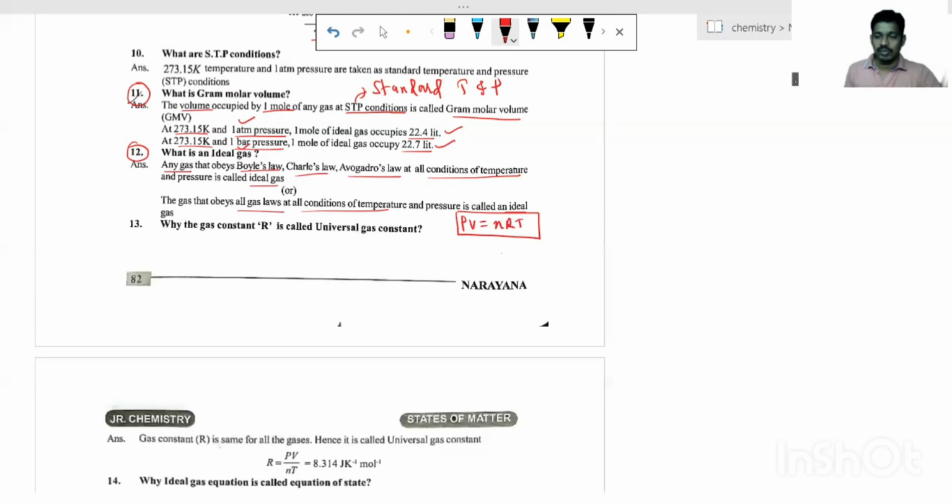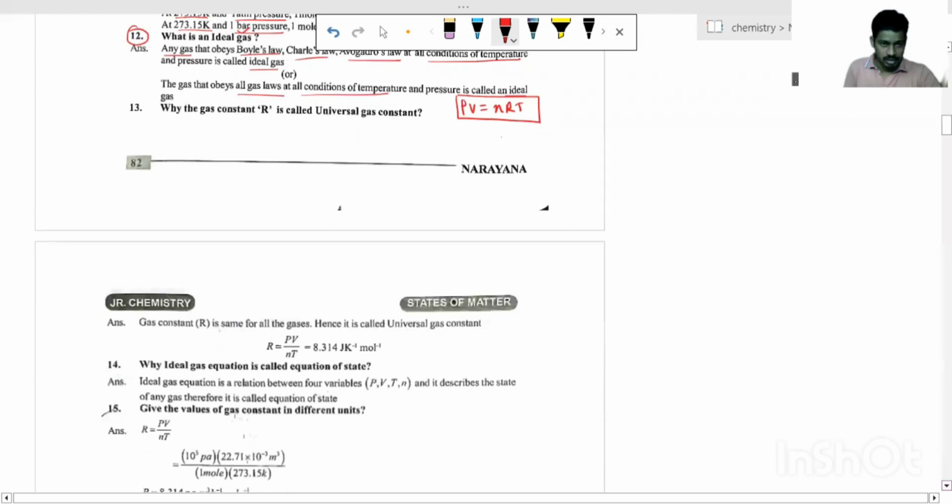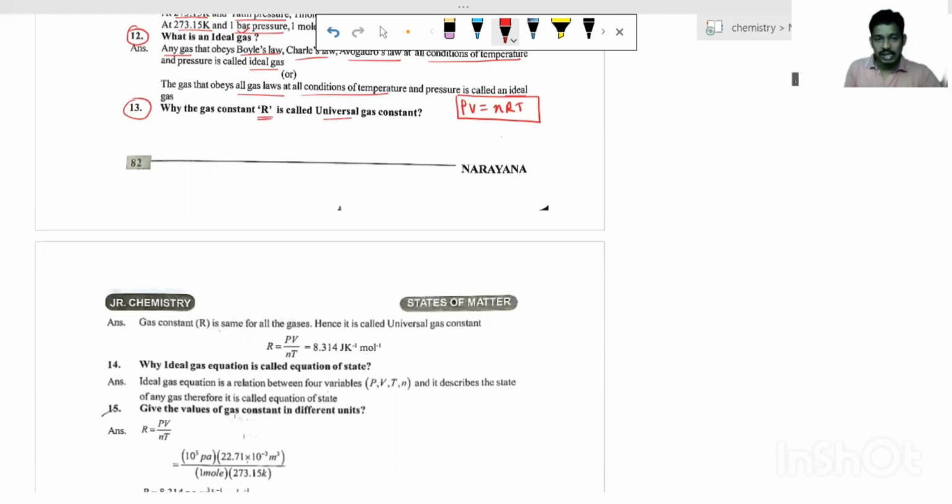So here from this we can write different terms also. In the 13th question, why is the gas constant R called the universal gas constant? Because the gas constant R is the same for all gases. Hence it is called the universal gas constant.